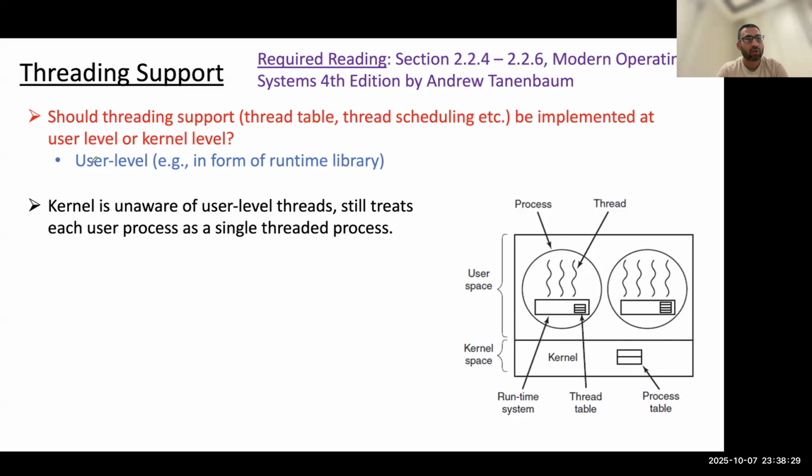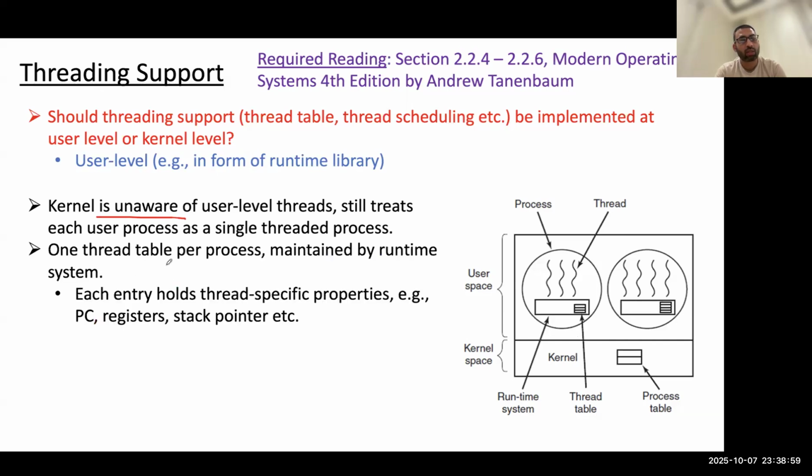The other thing is when you are implementing the threading support at the user level, your kernel is unaware of user level threads, and it still treats each user process as a single threaded process. So these threads exist, but they are not visible to the kernel, and the kernel still views the process as a single thread, right? From the perspective of the kernel, those threads do not exist at all, because it still treats each process as a single thread.